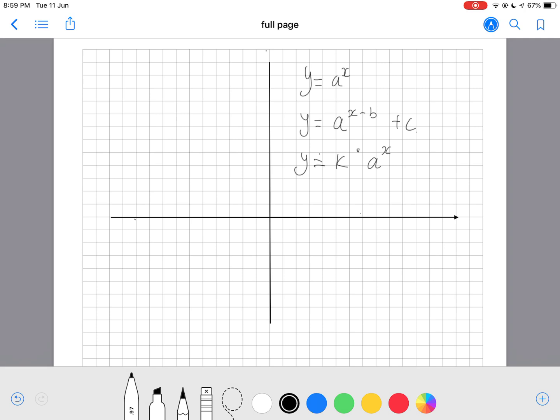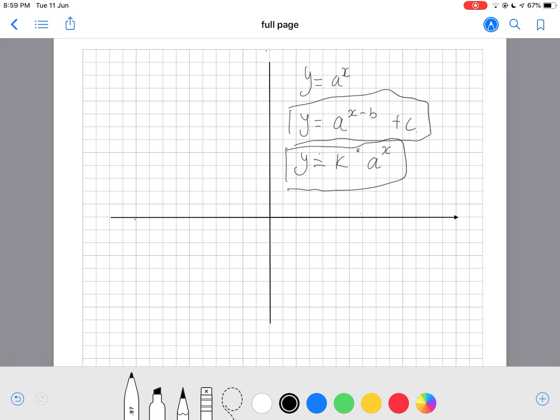If you find that the asymptote is 0, so the exponential gets closer and closer to 0, then you can use y equals k times a to the power of x. However, if your asymptote isn't 0, so for example it gets closer and closer to -5 or -8, then you cannot use y equals k times a to the power of x, and you have to use this equation: y equals a to the power of x minus b plus c.